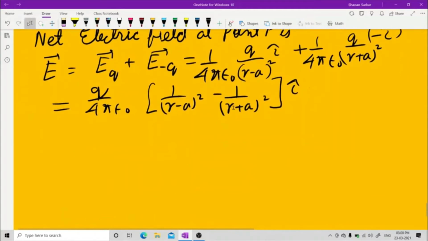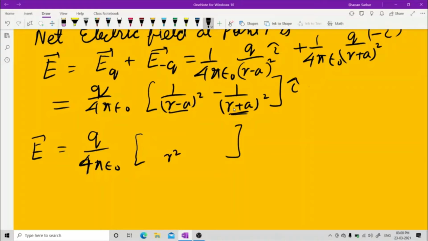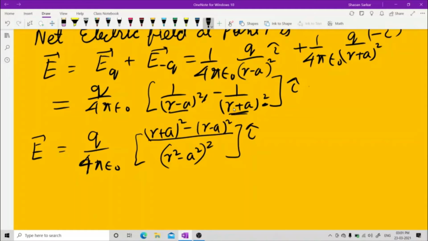Now you take the LCM. The LCM is q by 4 pi epsilon naught. This is a minus b and this is a plus b, so a square minus b square, and there is a square on the top, whole square. This will be (r plus a) whole square minus (r minus a) whole square, i cap.